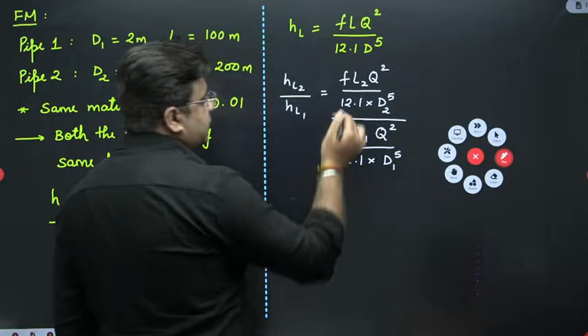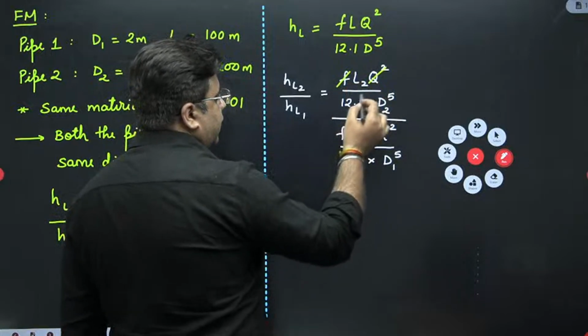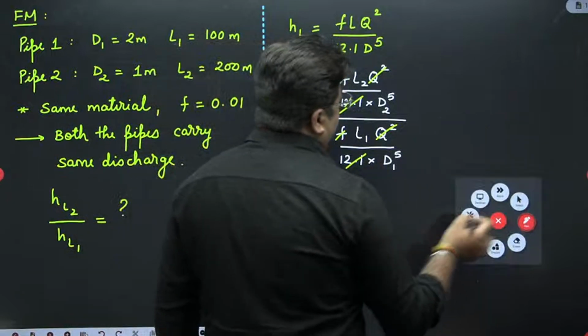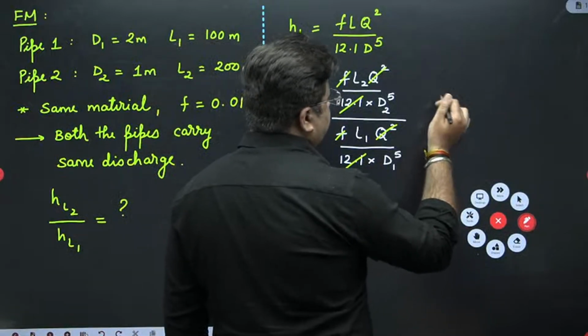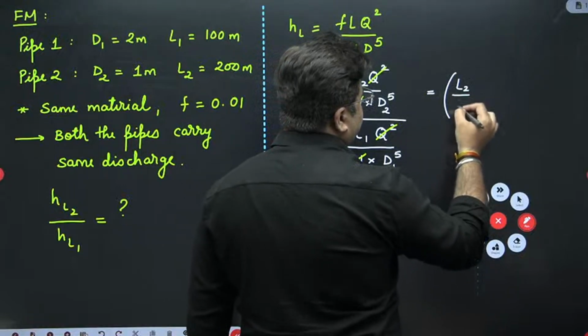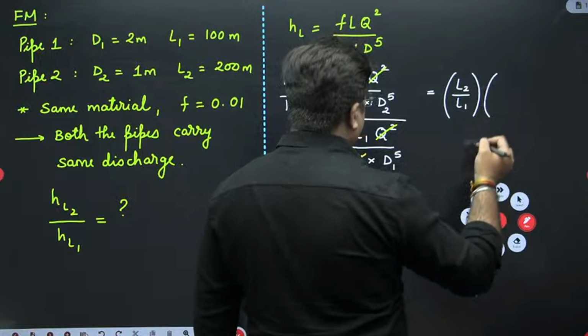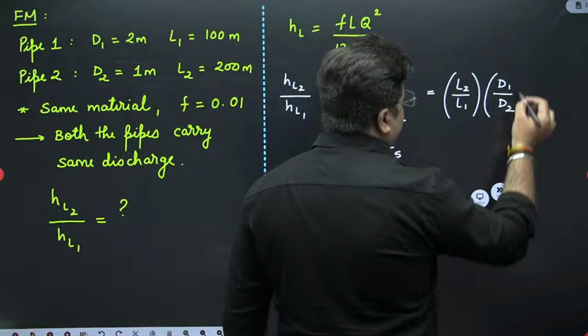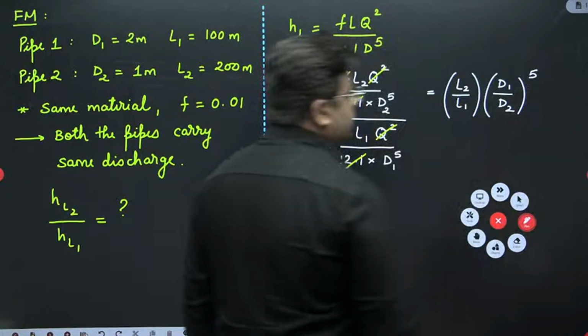So you can see this F, Q and 12.1 will cancel out. You can take the ratio of L2 by L1 multiplied by D1 by D2, whole raised to the power 5. Just substitute the values and get the answer.